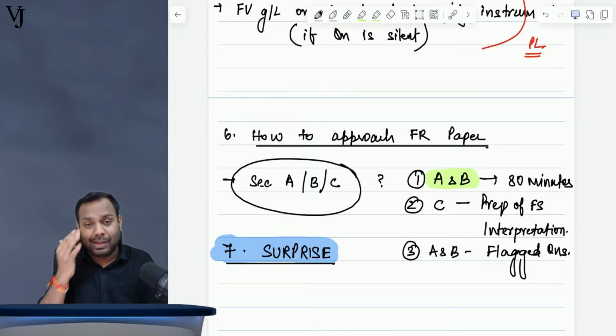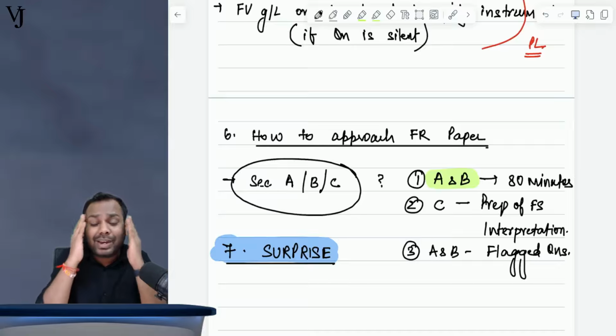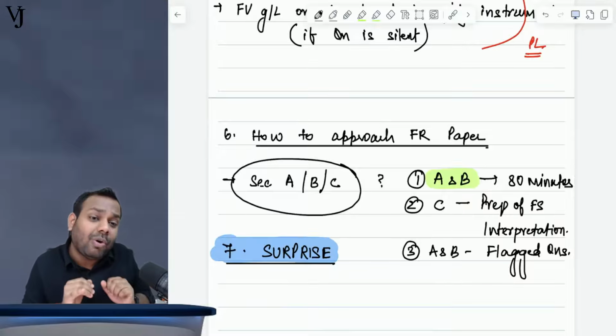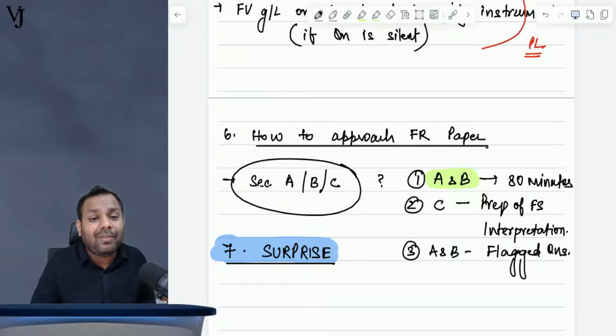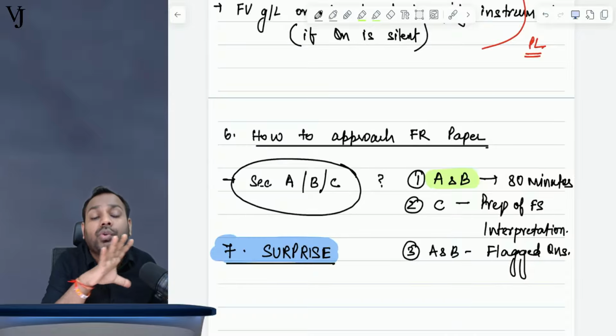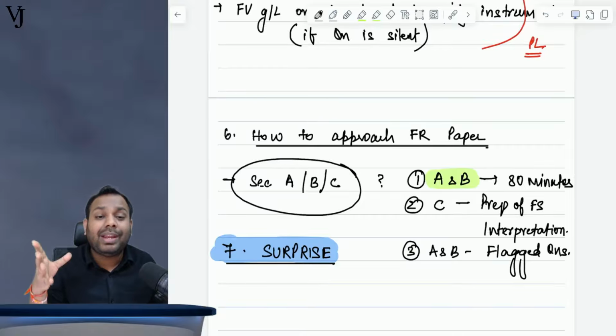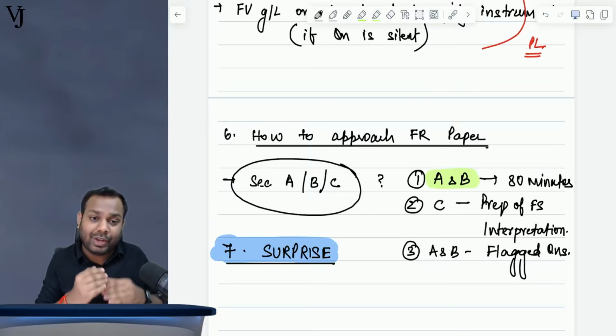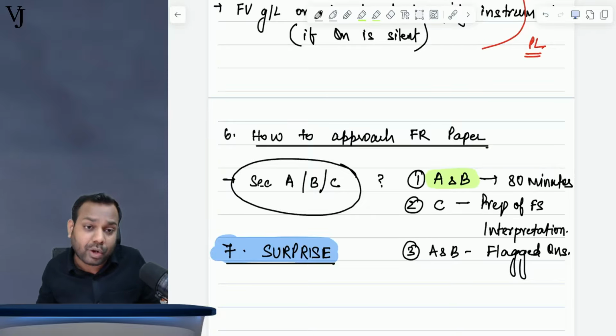Now when I'm saying this, there might be some students who will say, oh, whatever answers of section A and B I know prima facie, only that I will answer, and the rest I will flag. No. When I say flag the questions, I mean the questions where you don't know the answer and just need to do guesswork. When you are doing guesswork, it can be right, it can be wrong.